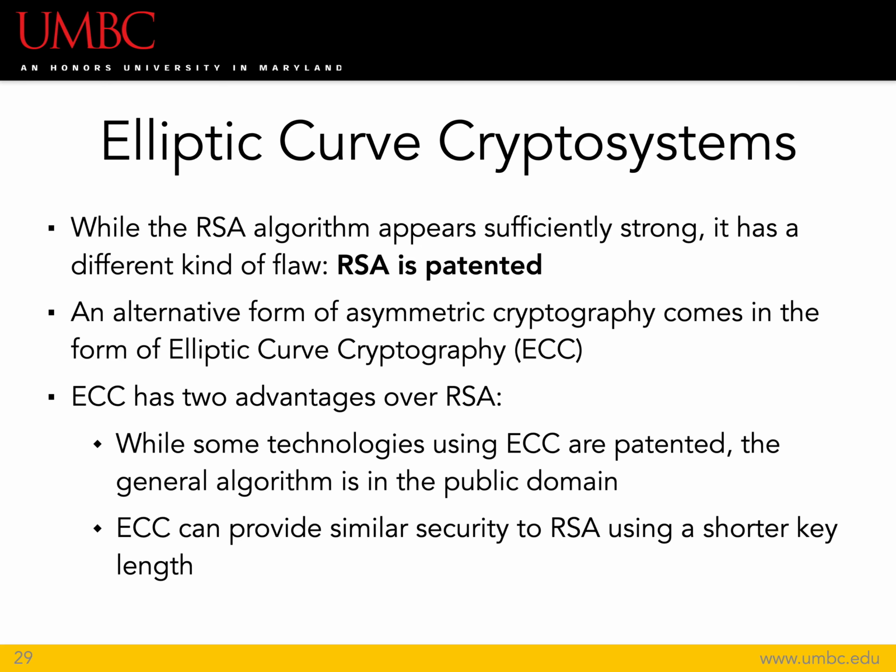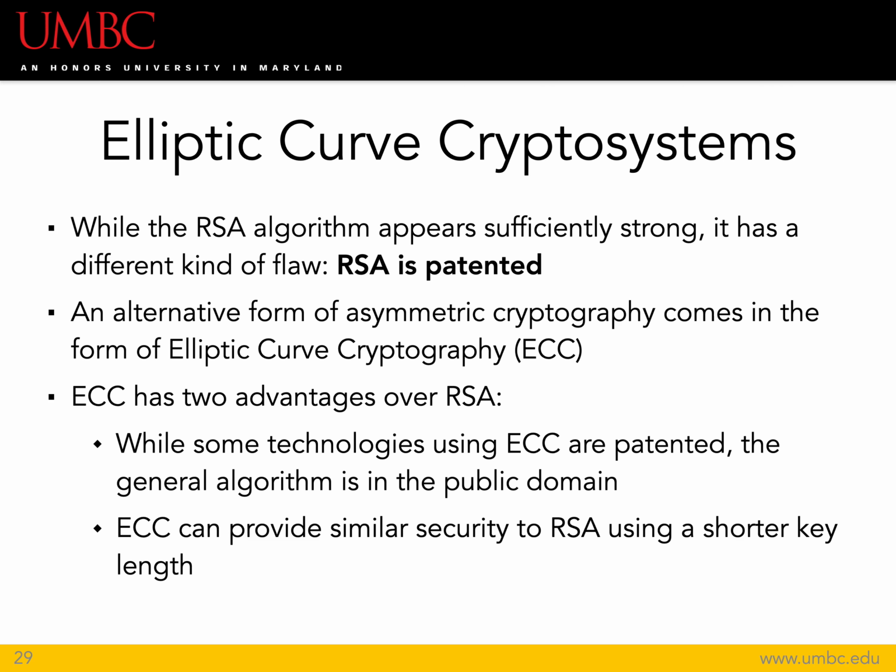Elliptical curve cryptography is often mentioned as another approach to doing asymmetric encryption for public key systems. And it's a good approach. RSA is certainly the most commonly used approach, but it is a patented piece of software.